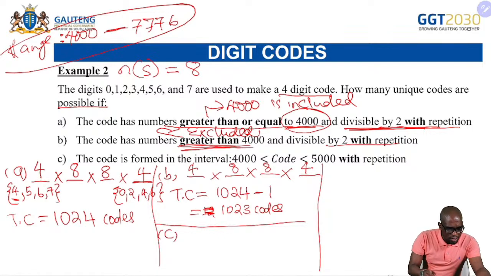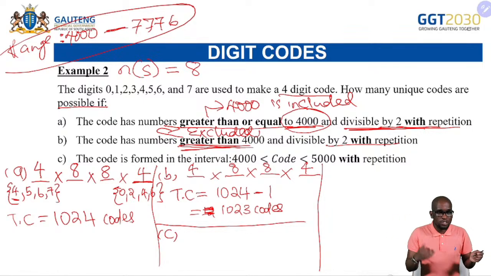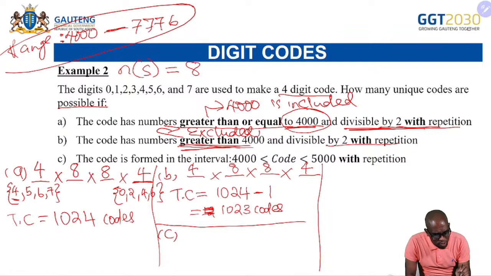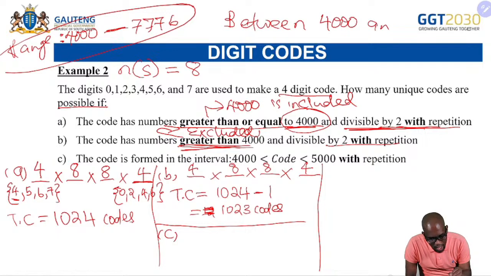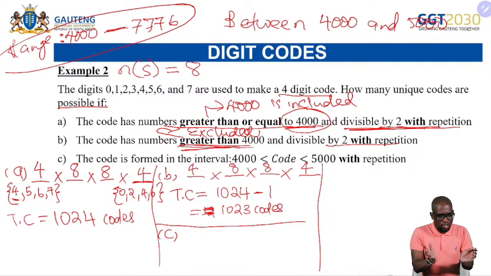The last one now, they say the code is in between 4,000 and 5,000. Normally, in most of your books, they'll just write between 4,000 and 5,000. It's the same thing here, but we wrote it in the form of a compound inequality.